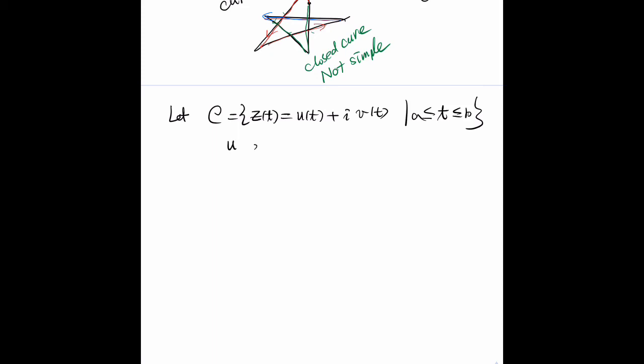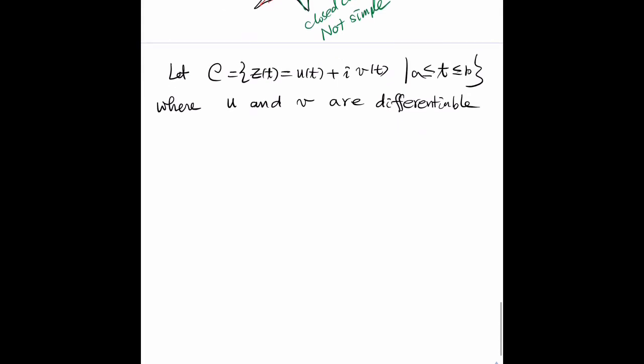So u and v are differentiable or piecewise differentiable, because these are real valued functions, you can talk about differentiability.